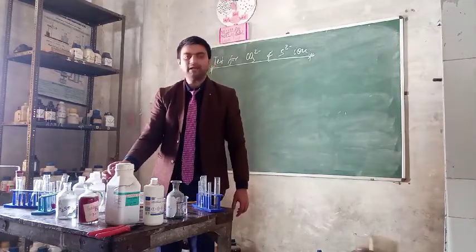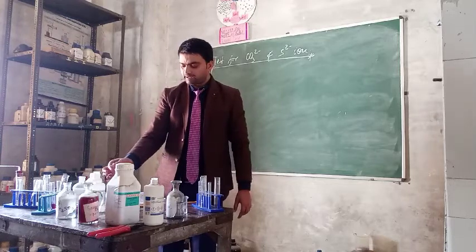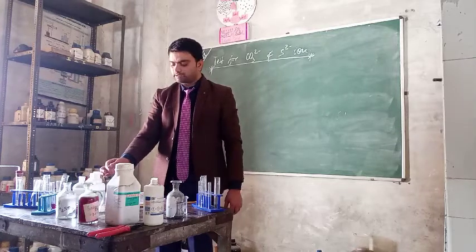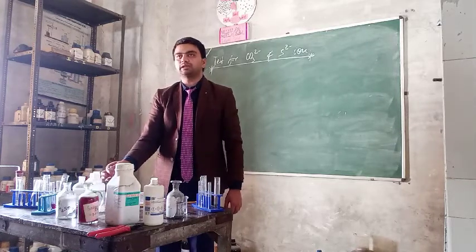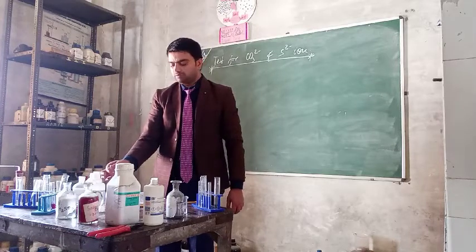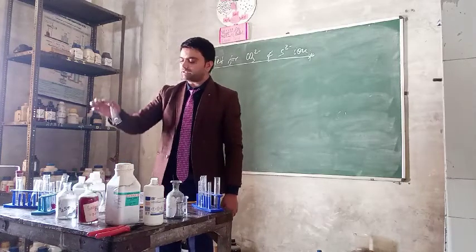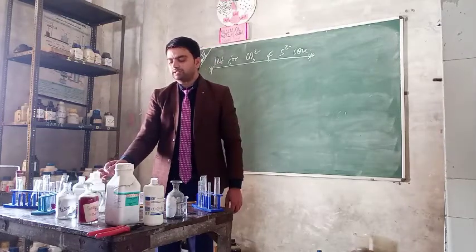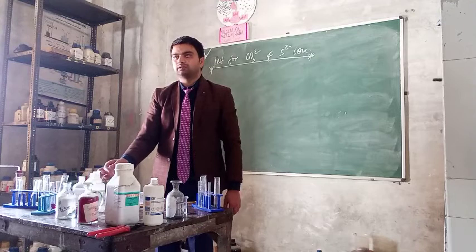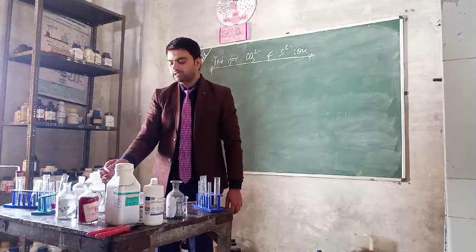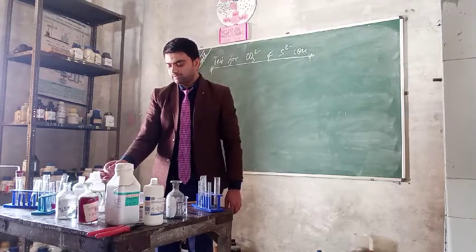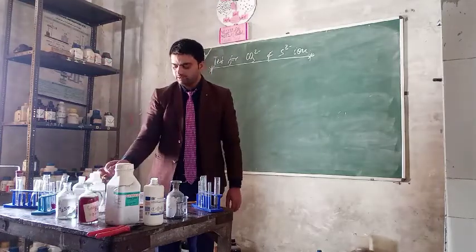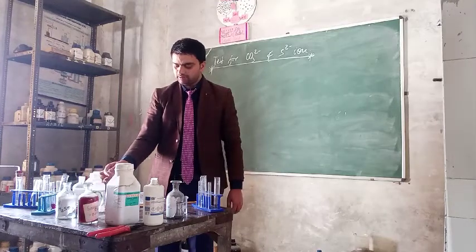And then we add a few drops of silver nitrate into it, and we get the black precipitate inside the test tube. When you observe the black color inside the test tube, then you will say that your salt has sulphide ion, that is the acid radical. So this one is the second confirmatory test for your sulphide ion, and in this way we can test the sulphide ion in the salt.